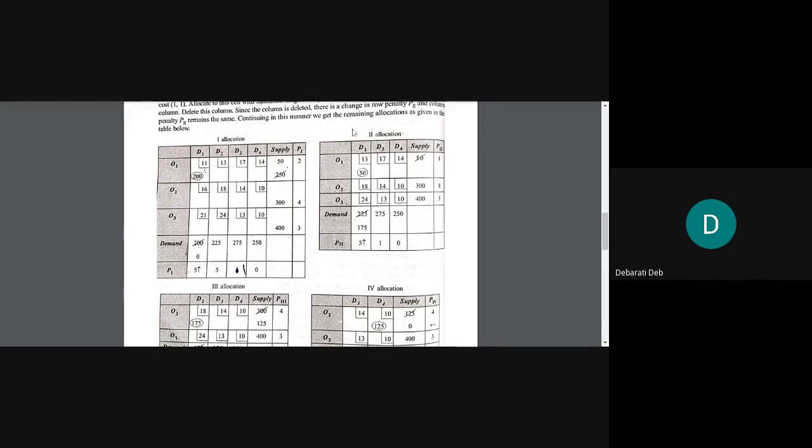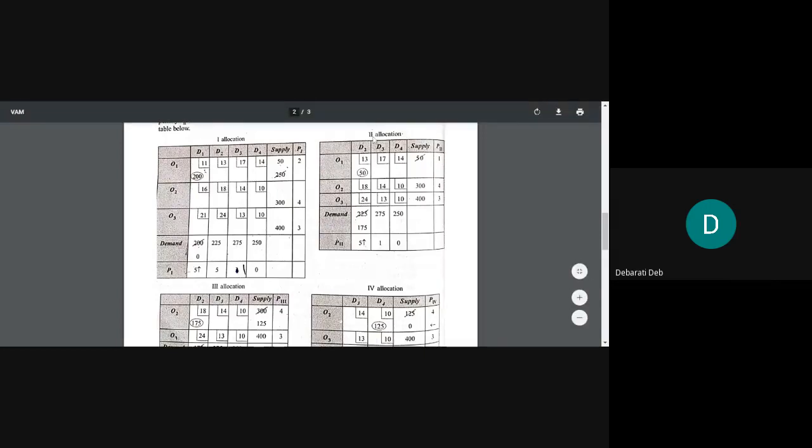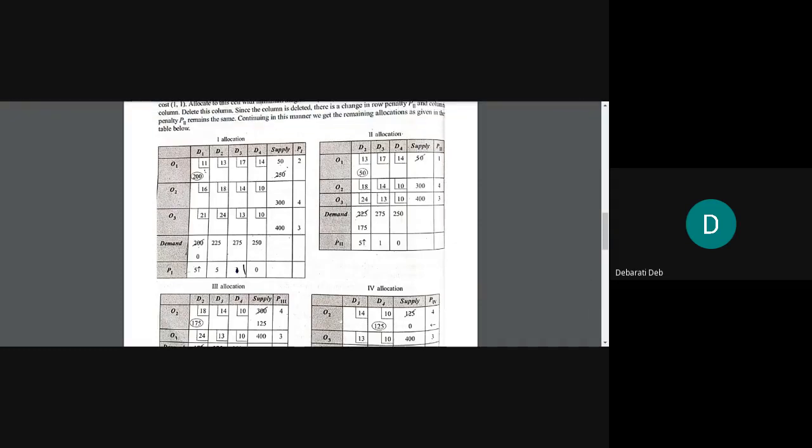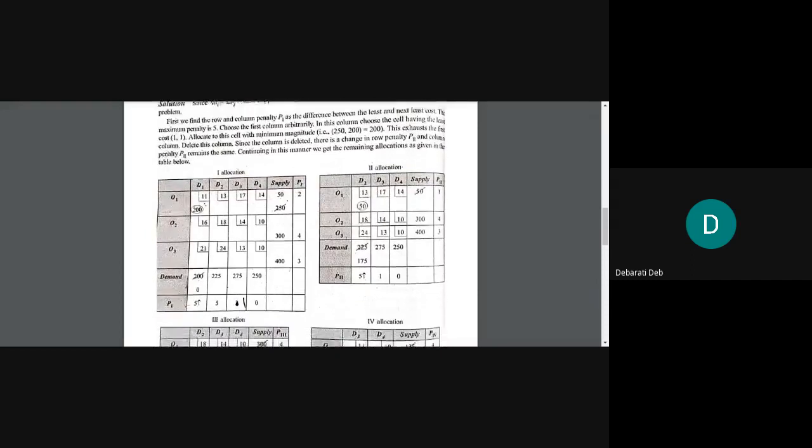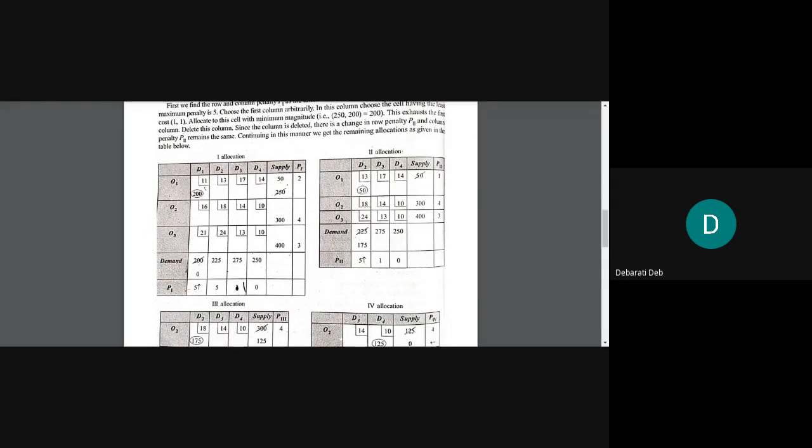So it's done. In the second allocation, which row or which column will you omit? Unmute and tell me. O1 will be omitted because in O1's total, 50 has been completely exhausted. So nothing is left.